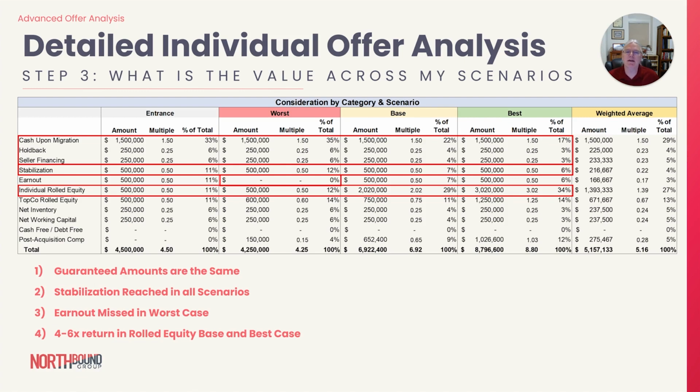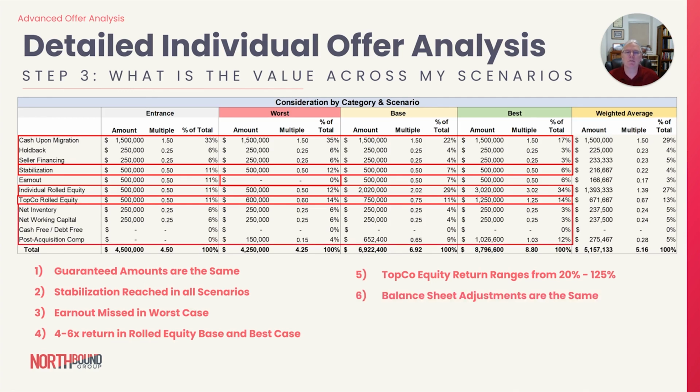This is a very key thing to analyze if you're looking at any type of retained or rolled equity transaction. And in this particular example, we've actually granted Topco equity, and you're looking at the return on that side of things as well, which ranges from 20% to 125% net return.